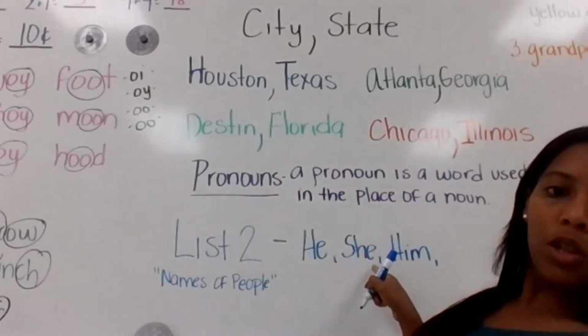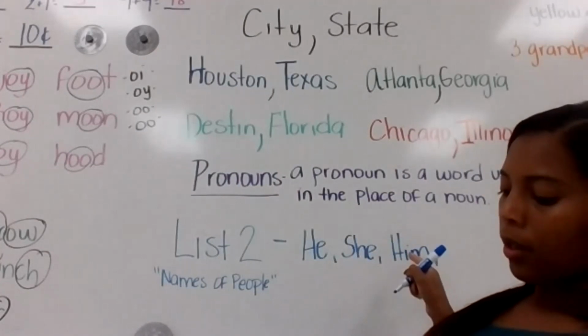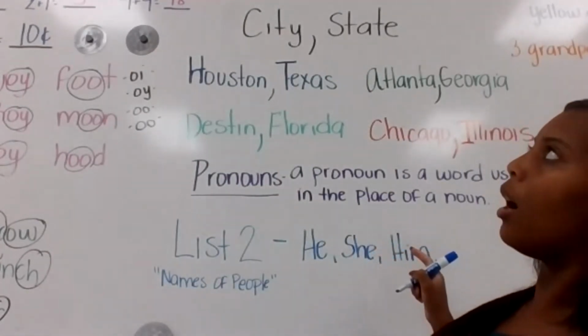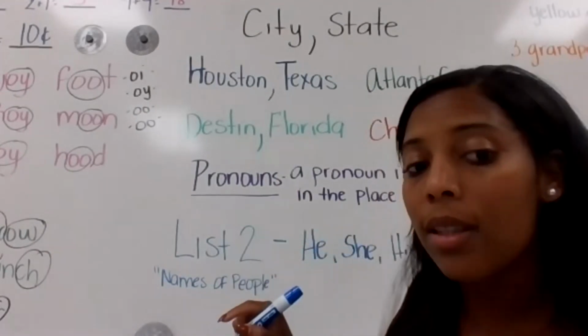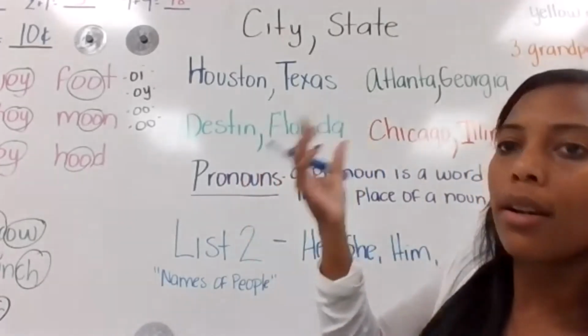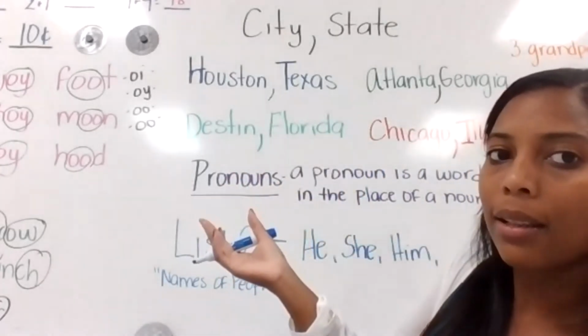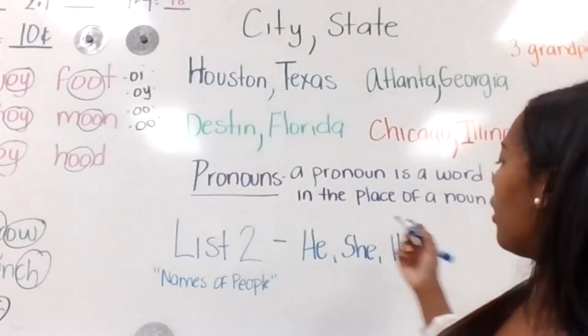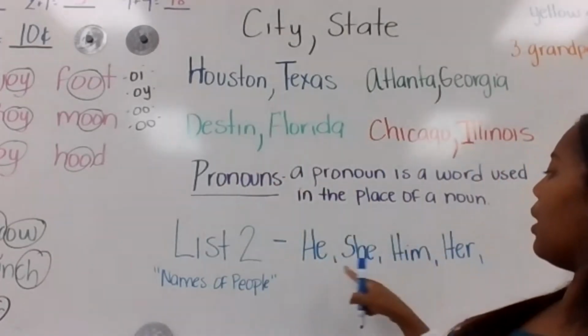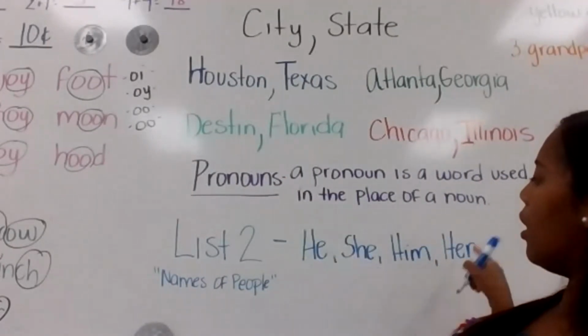So he, she, him. So if I would say the bow is for Sarah, instead of saying the noun Sarah, I would say the bow is for, what would I say? Her. So he, she, him, her.